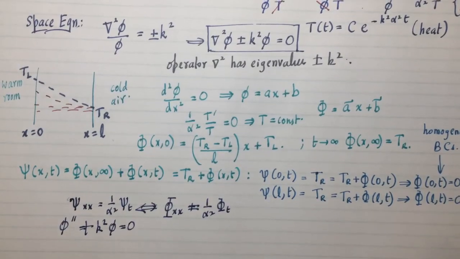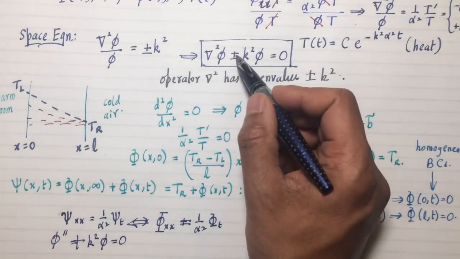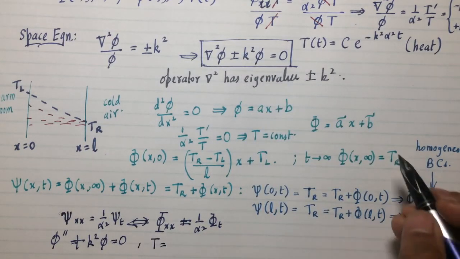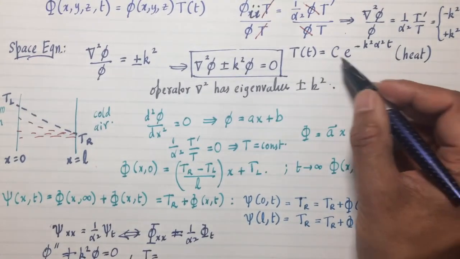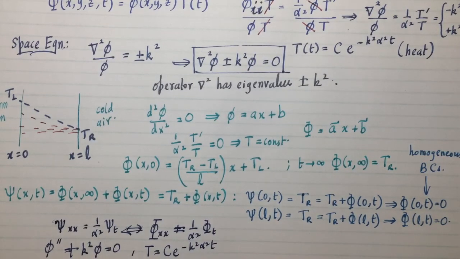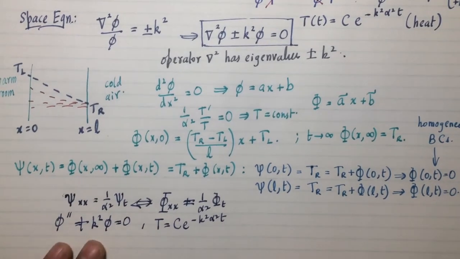You use the plus k squared for heat and minus k squared for Schrödinger. And for the time coordinate, you just get the same behavior you had for the time part. So it's c e to the minus k squared alpha squared t for the heat equation. And for this part, when you solve it, you're going to get sine and cosine as usual.